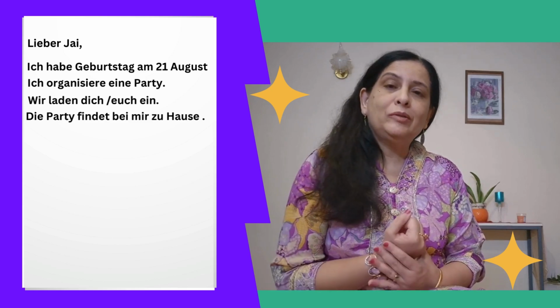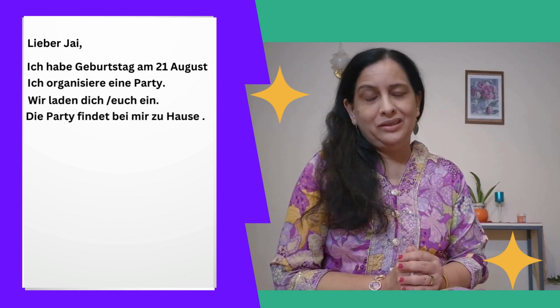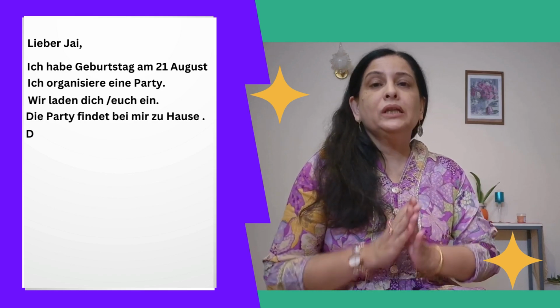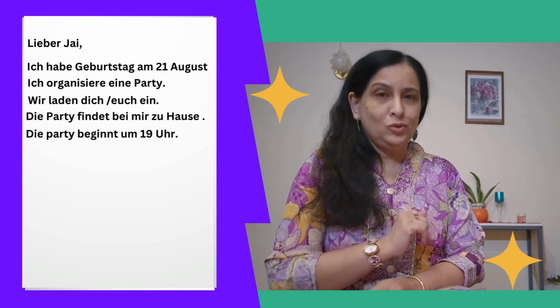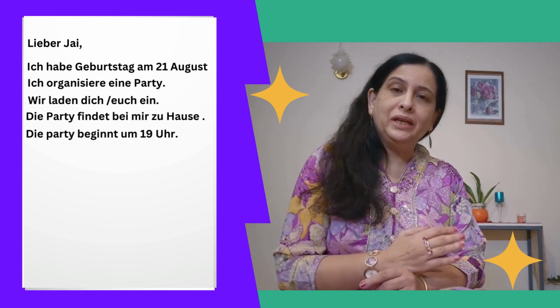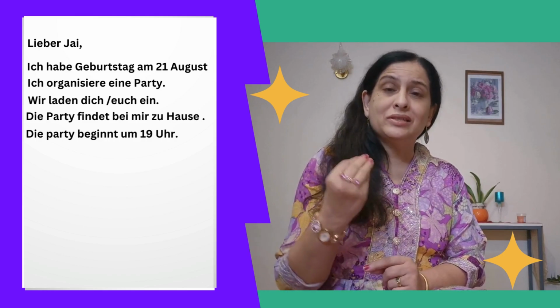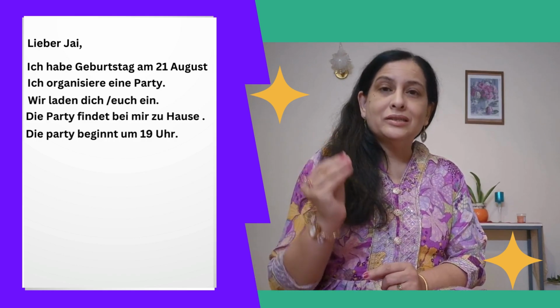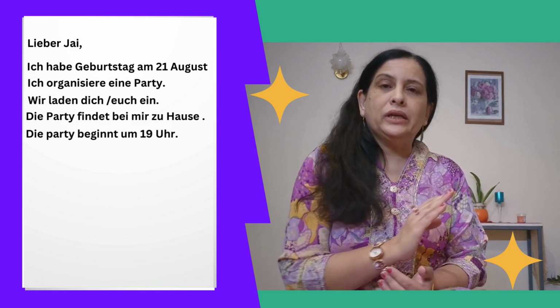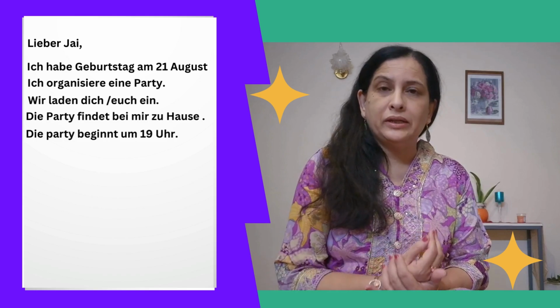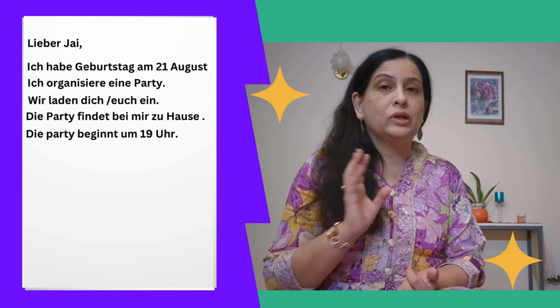Then the next one will be what time is the party, right? So it will be Die Party beginnt um 19 Uhr, meaning the party will start at 7 o'clock. Okay, 19 Uhr. Now here during letter writing we have to follow the 24-hour clock.